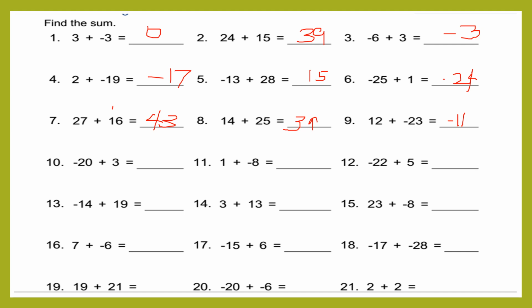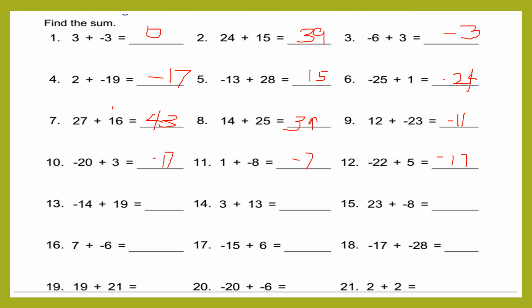Then we have negative 20 plus 3 is negative 17. 1 plus negative 8 is negative 7. Negative 22 plus 5 is negative 17.